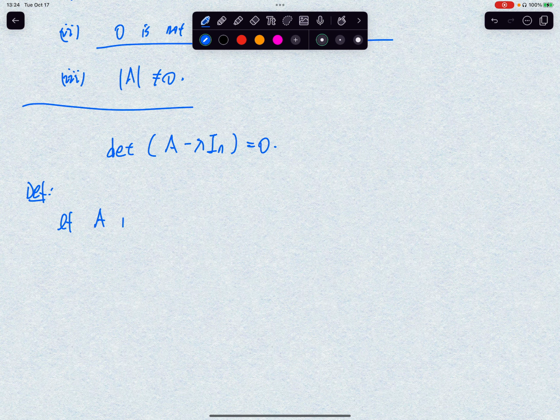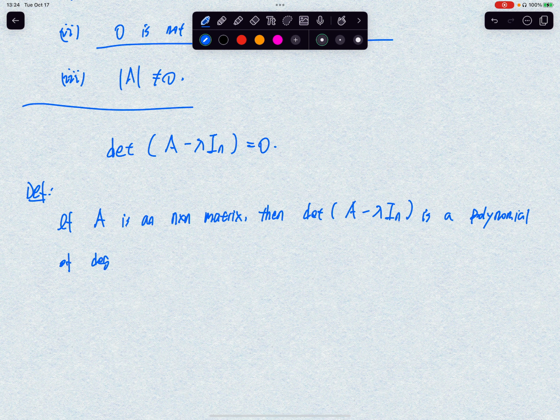If A is an n by n matrix, then the determinant of A minus lambda I_n is a polynomial of degree n, called the characteristic polynomial for A.